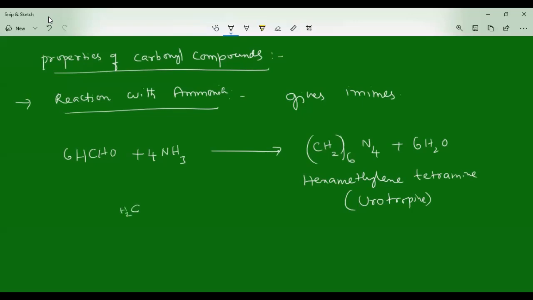Methylene groups are there, and those methylene groups alternately join with the nitrogen of ammonia like this. And in the middle also there will be one nitrogen that joins with another nitrogen by again methylene groups.